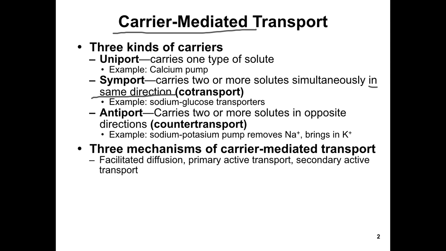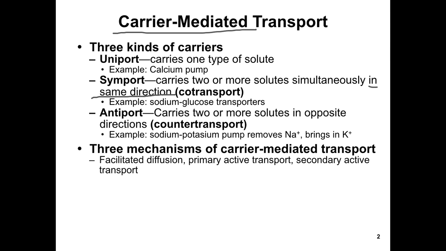Our third type: if we've got something that carries two or more solutes simultaneously in the same direction, we can also have two or more solutes carried in opposite directions. This is called an antiporter. Sym means same, anti means opposite. So in this case, we have two or more solutes.